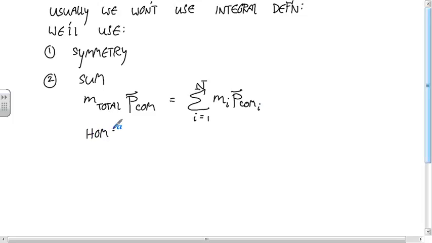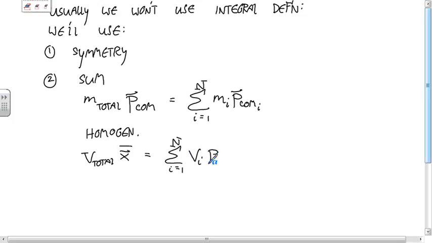And if the material is homogeneous, then that reduces to the centroid formula that says in 3 dimensions, the total volume times the centroid is equal to the sum of the individual volumes times the individual centroid locations.